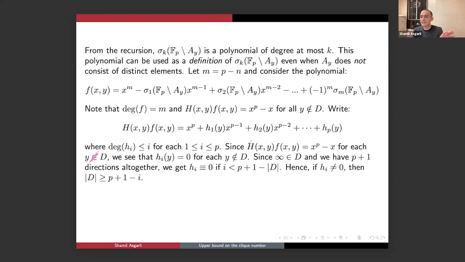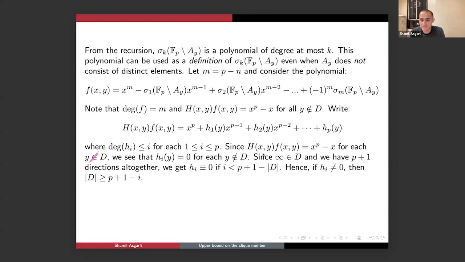And I know that when I specialize this polynomial for all y that's not in D, that product just becomes x to the p minus x. But if it becomes x to the p minus x, that means that all the middle terms are gone. All the middle terms are 0. And that's the reason why h_y is 0 for every y that is not in D, because h_y is exactly these middle coefficients.